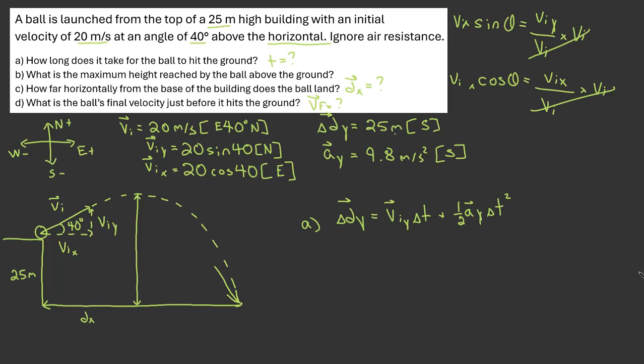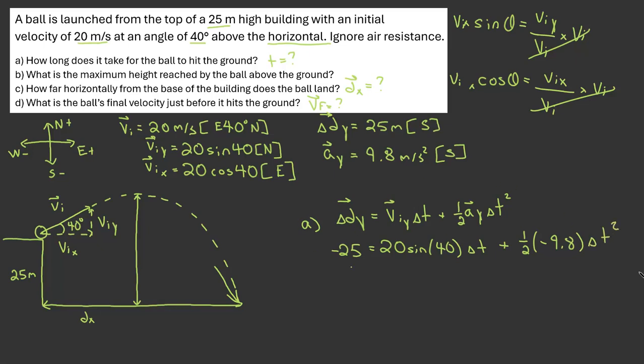I'm going 25 meters south, so I'll have negative 25, since south is my negative direction, equals my initial velocity in the y. That's going north, so that's positive. The y is sine, so 20 sine 40 degrees times our time plus 1/2 times negative 9.8 times our time squared.